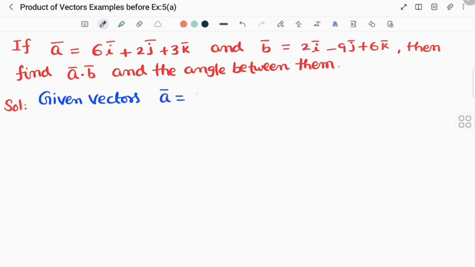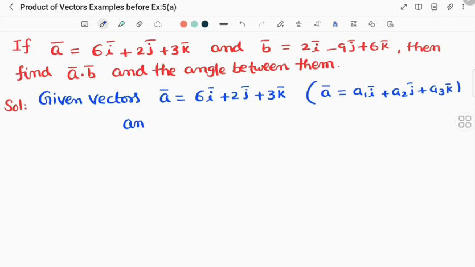So A bar equal to 6i plus 2j plus 3k. This you have to compare with A1i plus A2j plus A3k.